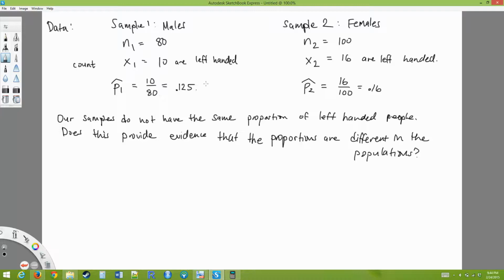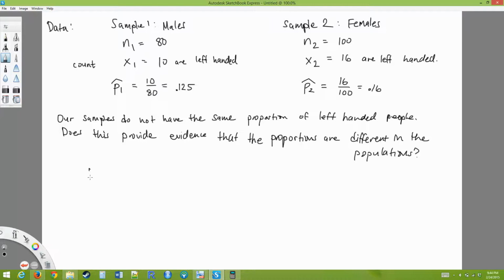If this is the data, these are randomly selected samples. If 12.5% of men in our sample are left-handed and 16% of women in our sample are left-handed, does this mean that overall men and women have a different proportion of left-handed people? That's what we want to know.